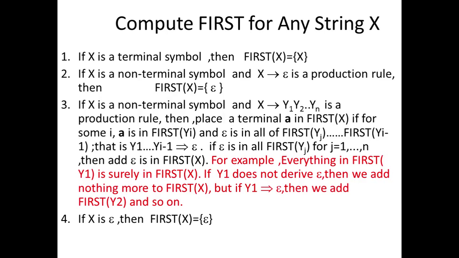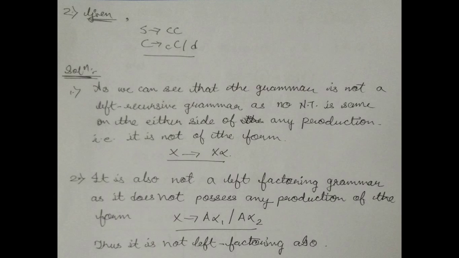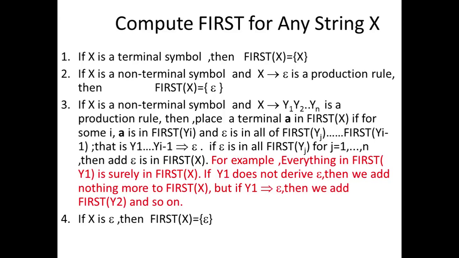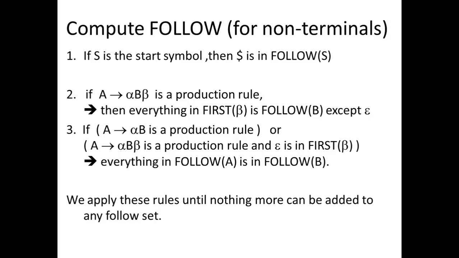Now we need to calculate first and follow for the given grammar. To compute first for any string X, the algorithm is this. If you need to follow the algorithm, just read through this, and for follow it is this one.